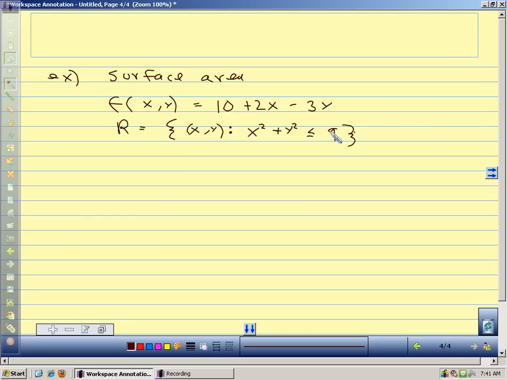So this is our surface. What is this surface? This is a plane, and our region in the xy plane is a circle.